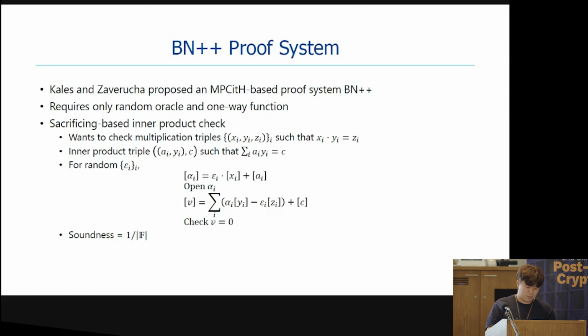Then for random epsilons, the share of alpha i is epsilon i times xi plus ai, and they open alpha i and check delta, check v. Then the soundness becomes the reciprocal of the field size.